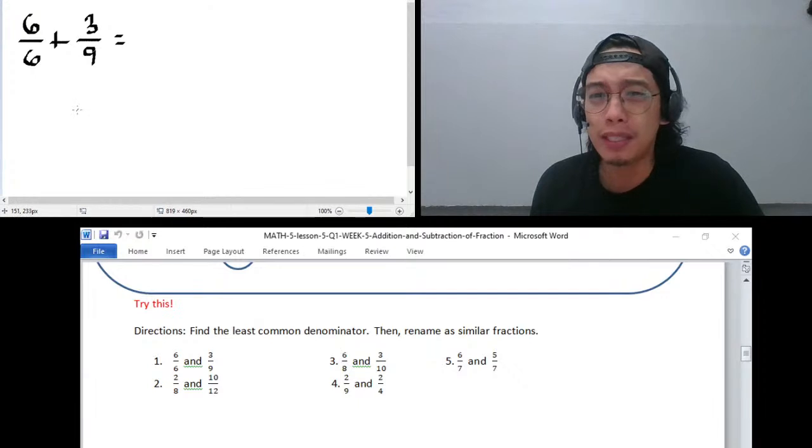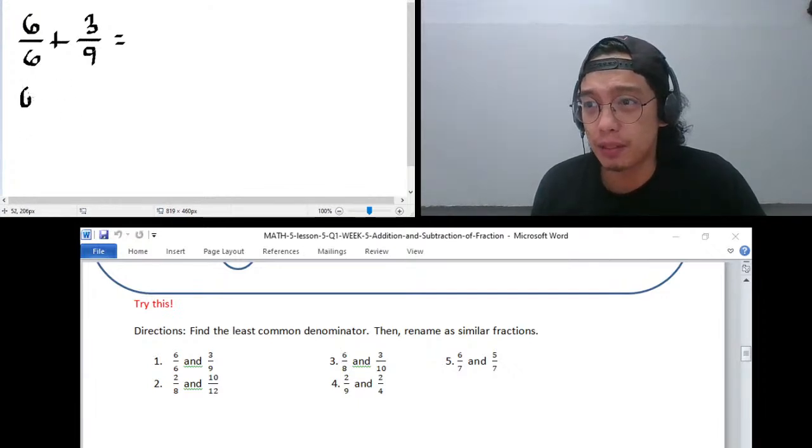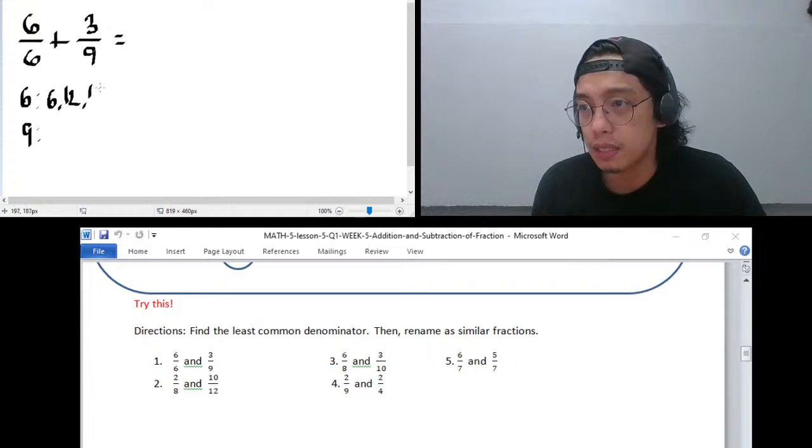Okay, what is the least common multiple of 6 and 9 of the denominator? Let's write it down. So 6 plus 6, 12, plus 6, 18, plus 6, 24. Let's start there. 9 plus 9, 18.